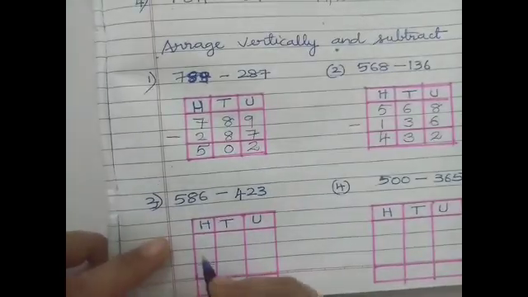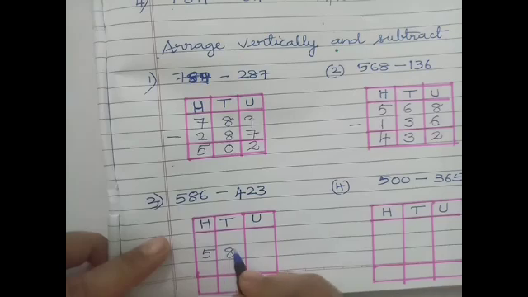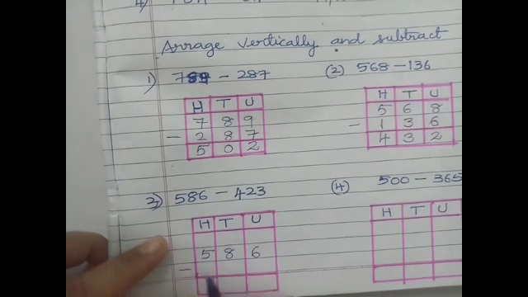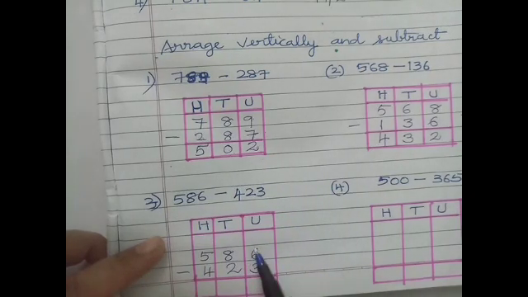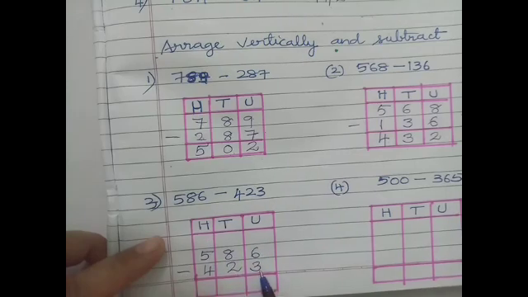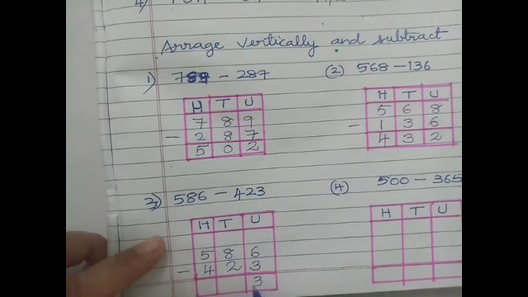Next, 586 minus 423. So, children, in this, 586 minus 423. So, 6 minus 3 is 3, right?